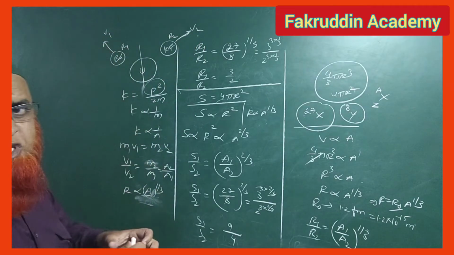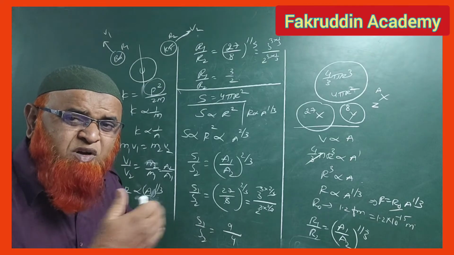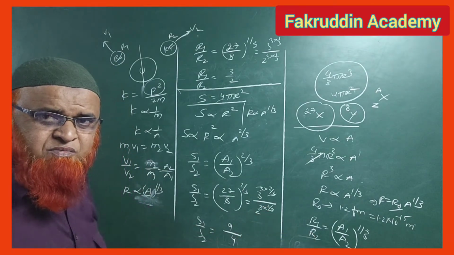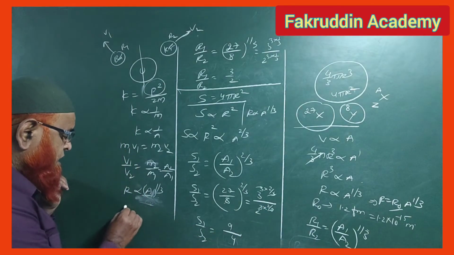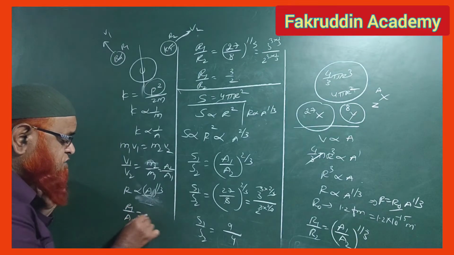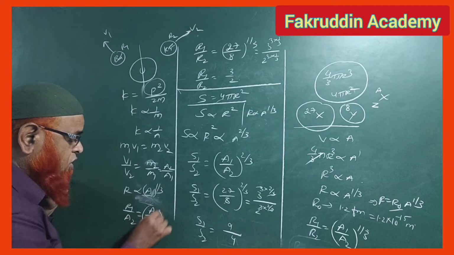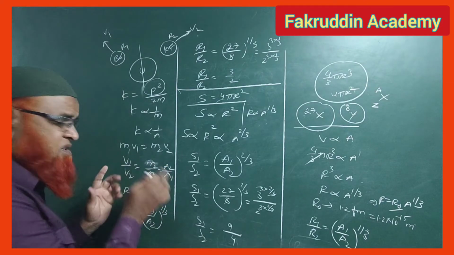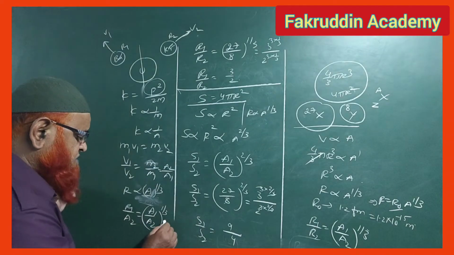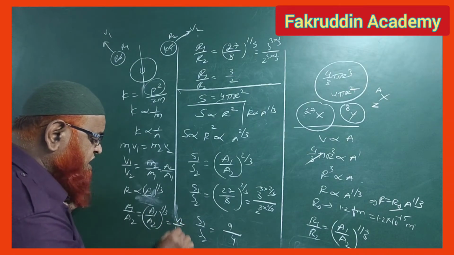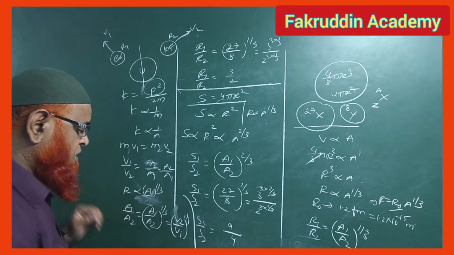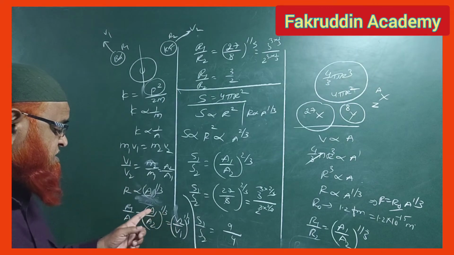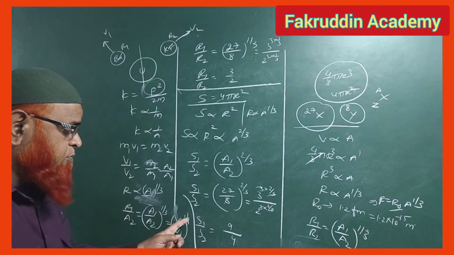If velocities of these two split elements are given, then what is the ratio of their radii? We shall discuss now. It's very simple. R1 by R2 is equal to A1 by A2 whole power of 1 by 3. But mass numbers and velocities are inversely related. Then we can write this as V2 by V1 whole power of 1 by 3. So R1 by R2 is equal to V2 by V1 whole power of 1 by 3.